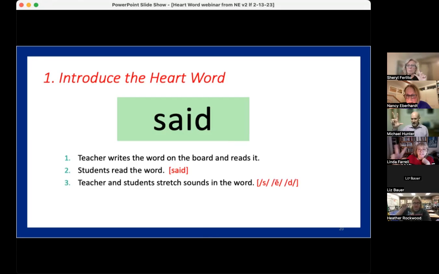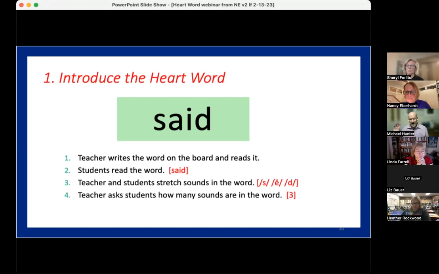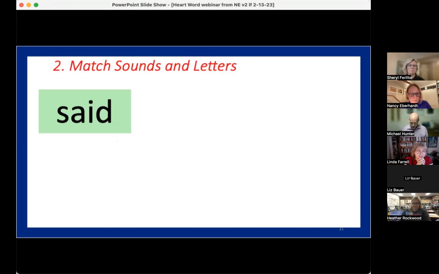S, ai, D. Said. How many sounds did we hear in the word said? And you can show me with your fingers. 3. So now I am going to draw a line on the board for each sound that we heard in said.